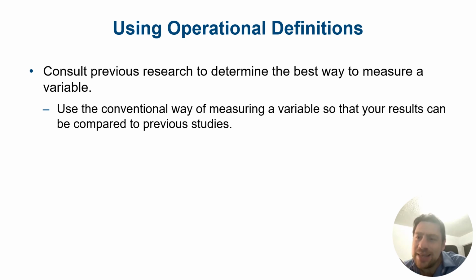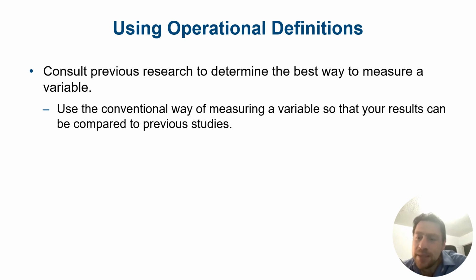So it's not that you can't come up with your own operational definitions, but the problem is that, one, it will be harder to compare your findings to other findings in the field, and two, you may have to put considerable effort into defending your operational definition and convincing other scientists and peer reviewers that your definition, your measurement is appropriate.